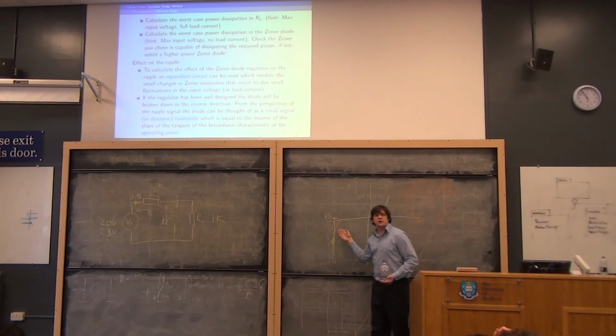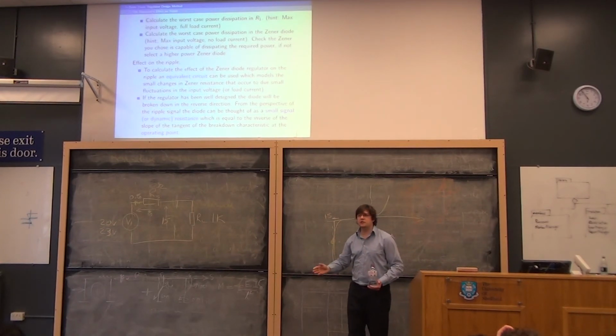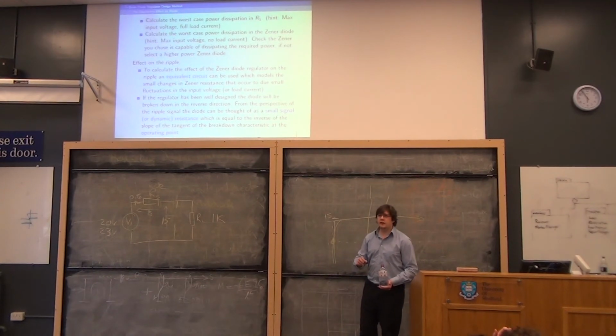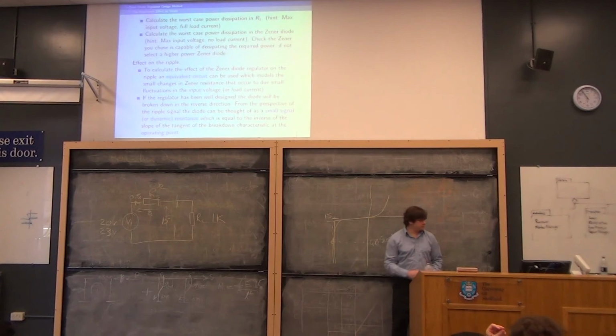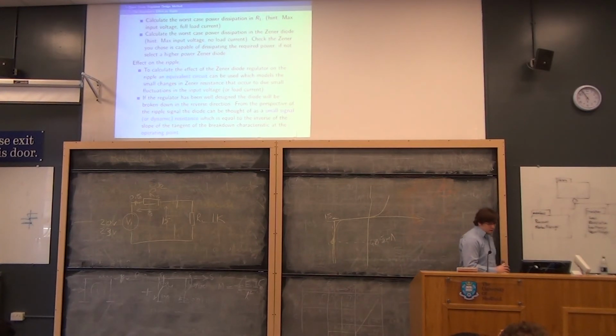So we will reduce the diode, never mind the breakdown voltage, none of that DC stuff, only AC conditions, and it's the slope of this line which is important. And this will be the inverse of that slope, sorry, at a particular point.